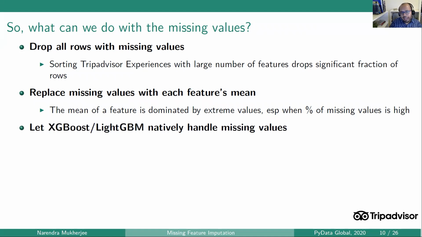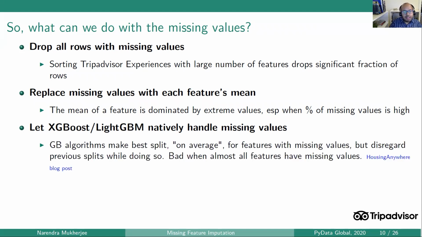We could also let the XGBoost or LightGBM algorithm handle missing values on its own, and it is able to do that natively. But that's often not a good idea when almost all features in the data set have some number of missing values, because what gradient boosting algorithms do is to make the best split on average when they hit a feature which has missing values.